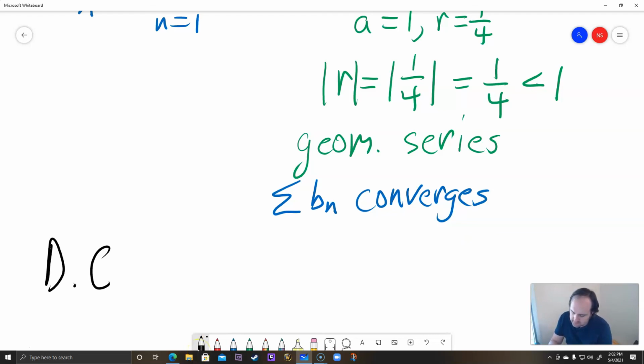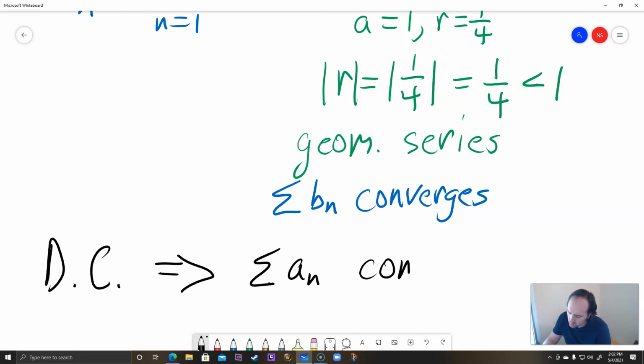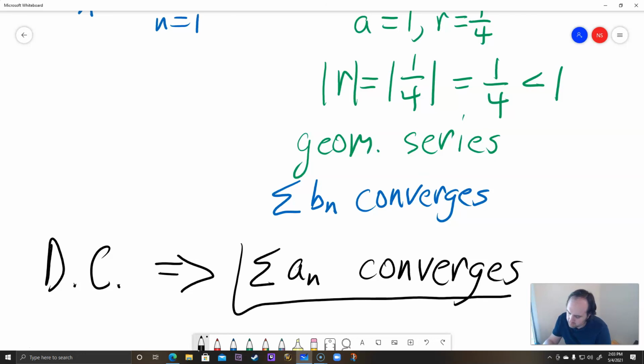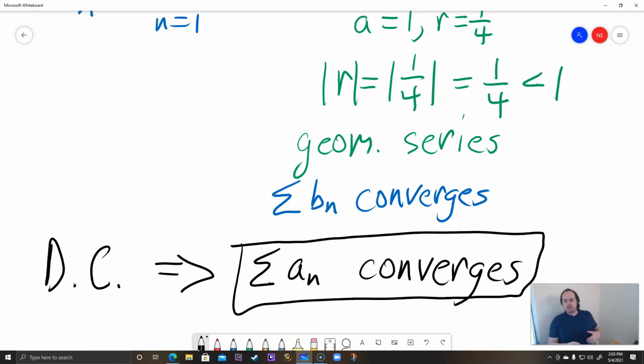DC, standing for direct comparison, implies that the sum of a sub n also converges. DC stands for direct comparison. I'm just too lazy to write it.